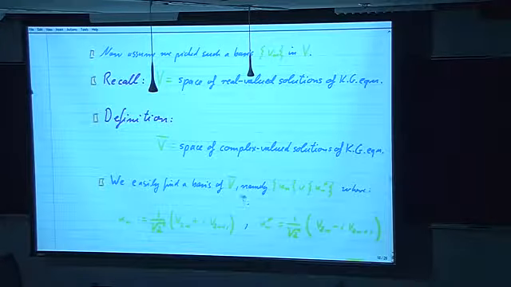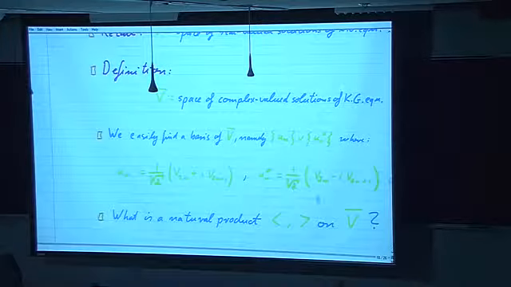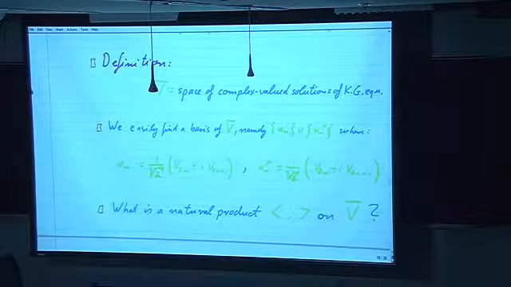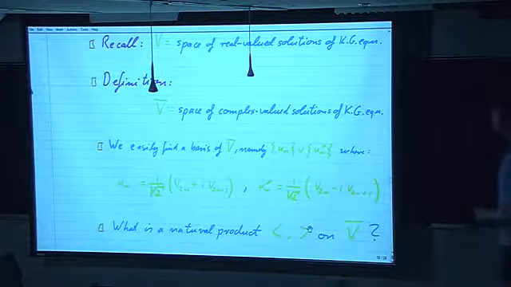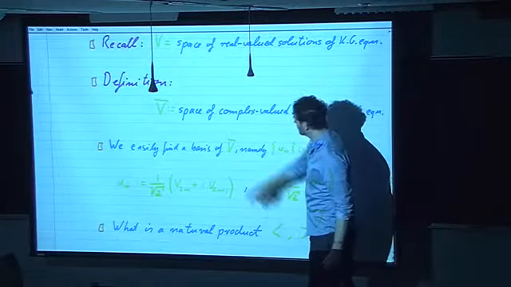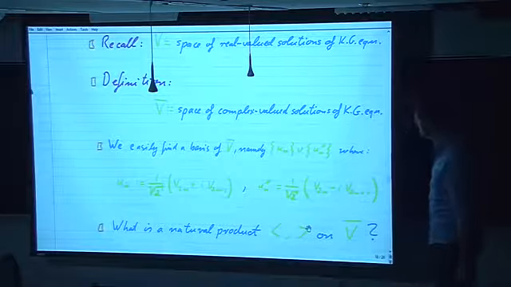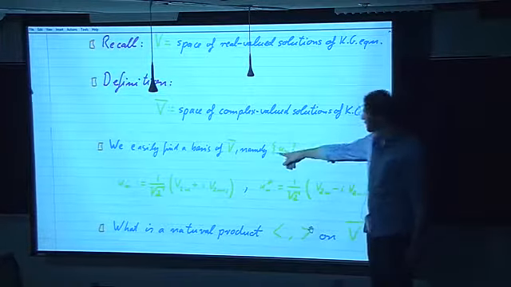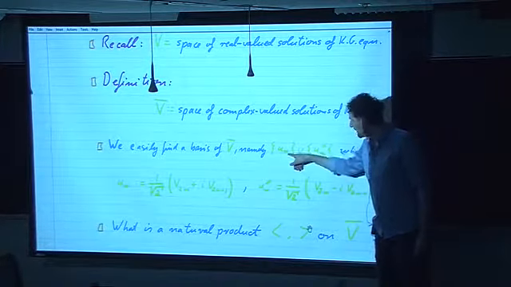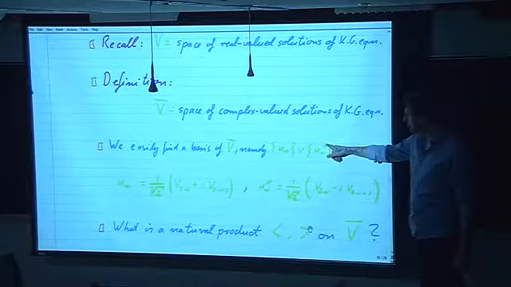If you take a real-valued one plus i times a real-valued one, that's a complex-valued solution, and all of the complex-valued solutions arise this way. So now we have a basis of the space of complex-valued solutions of the Klein-Gordon equation, given by the basis functions un and the basis functions un star.